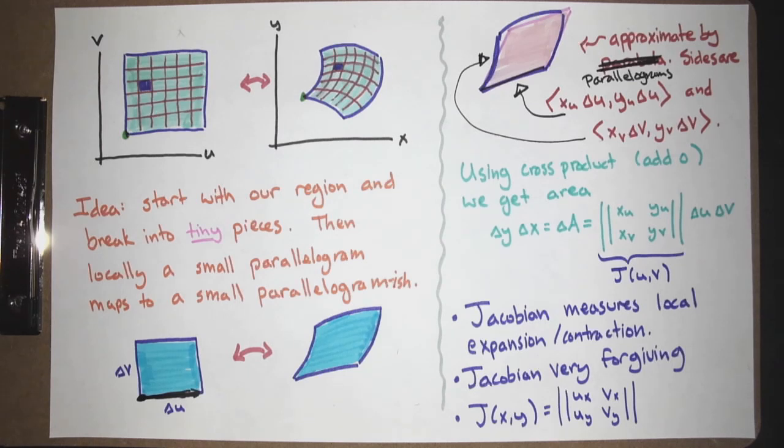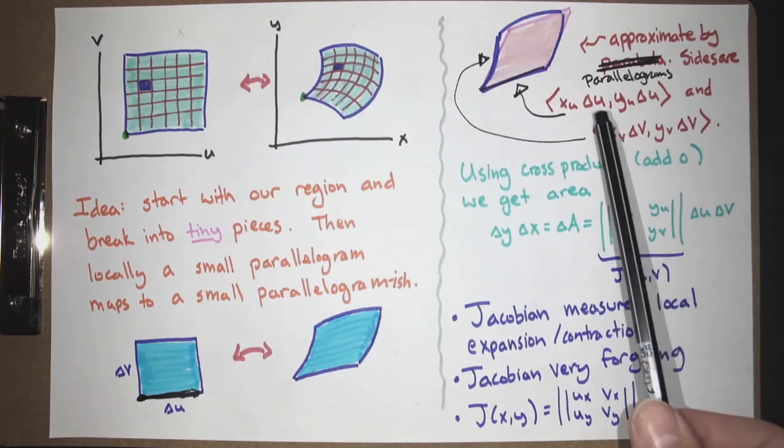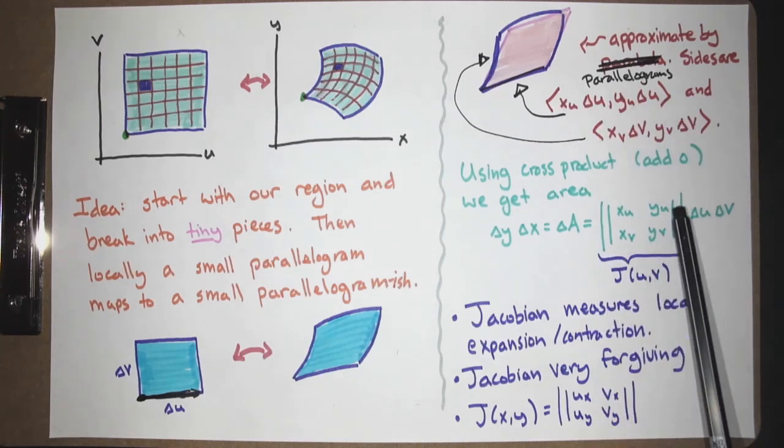Now, the nice thing is we can use tools to find area. If you think back, when did we find area? Cross product. And you might say, well, wrong dimension, Steve, you need 3 dimensions, that's only 2. Add a 0 on the end. So take the cross product, and you get a determinant of a 2 by 2 matrix, and what you're really getting is these partial derivatives showing up.